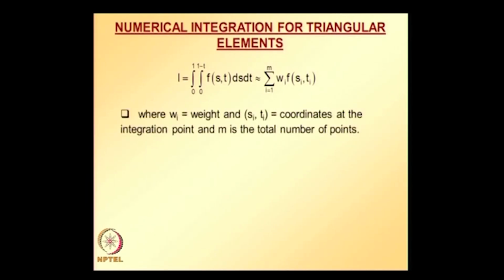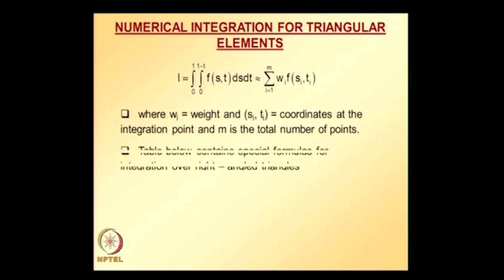Here wi is the weight, si and tj are the coordinates of the integration points, and m is the total number of points. The table below shows the locations and the corresponding weights for integrating over a right angle triangle.